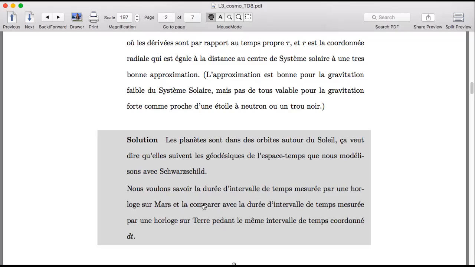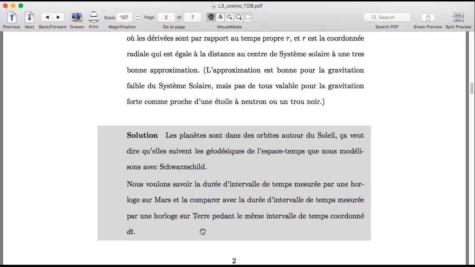But clocks measure proper time, and they measure proper time along their trajectory. Their trajectory does not have to be a geodesic. It just has to be a well-defined curve along which we can measure this ds squared, or the proper time.